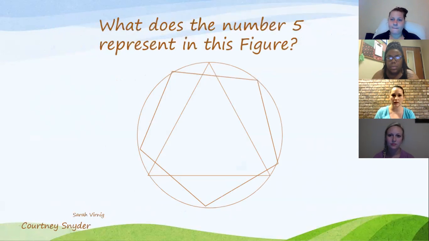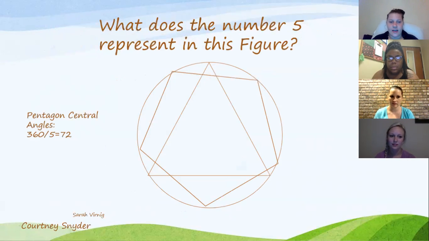Okay, Courtney, what does the number 5 represent in this figure? That's a very good question, Sarah. So what we have here is we see that a pentagon has 5 sides. Penta means 5. So we're wanting to find the central angles for each angle of the pentagon.